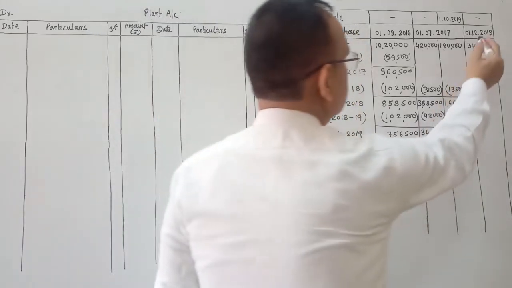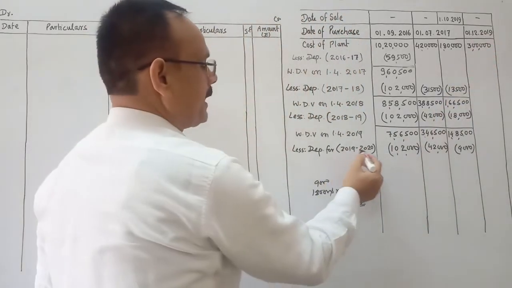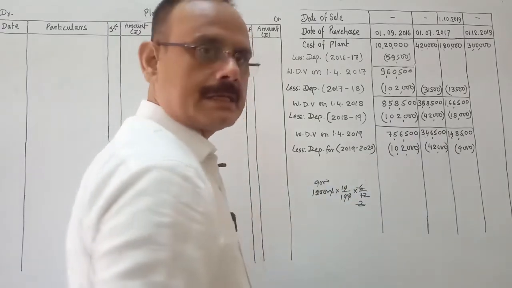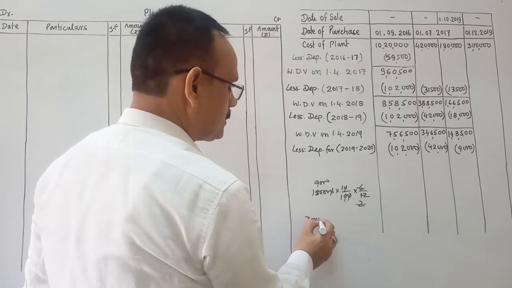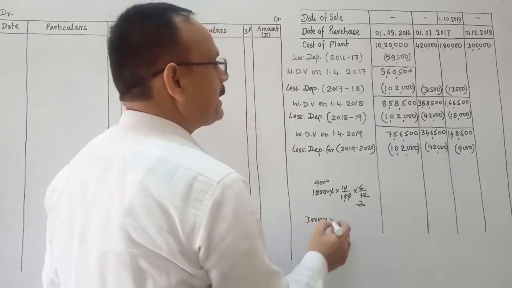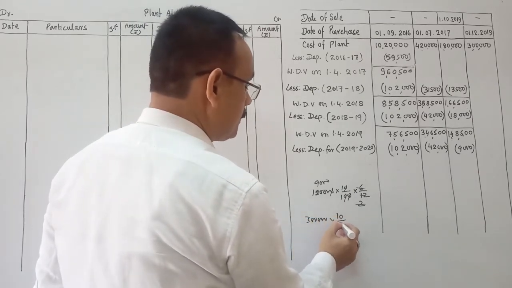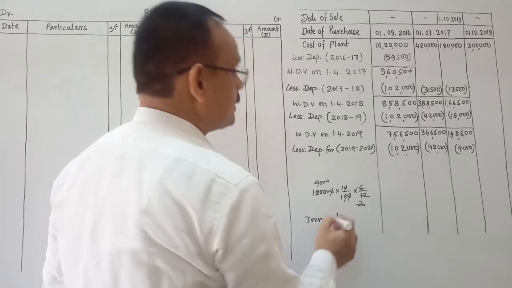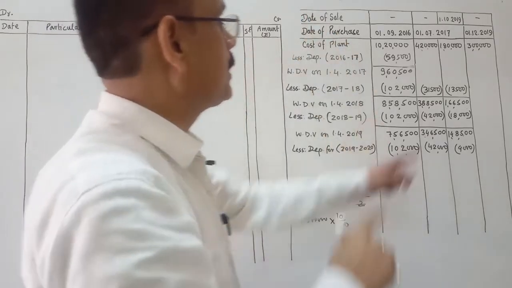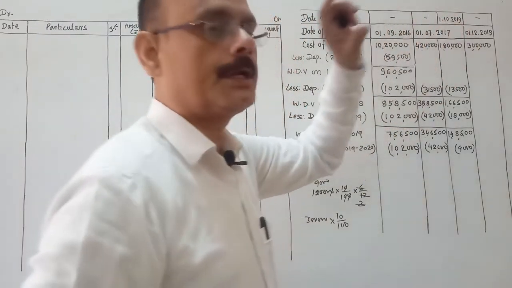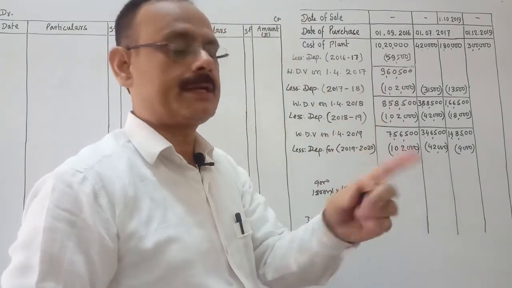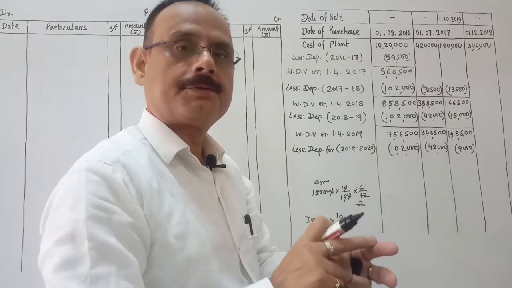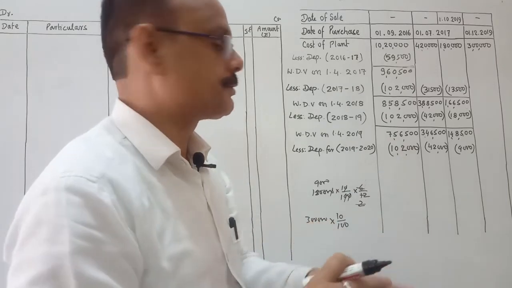This machinery is purchased in this financial year on 1st December for rupees 3 lakhs. So 1st December 2019 to 31st March 2020: December, January, February and March, 4 months.